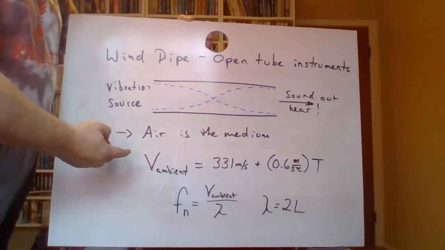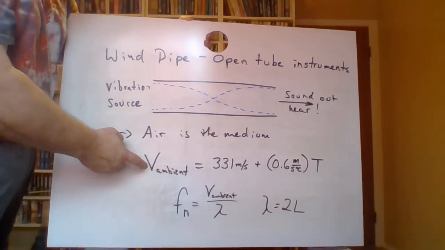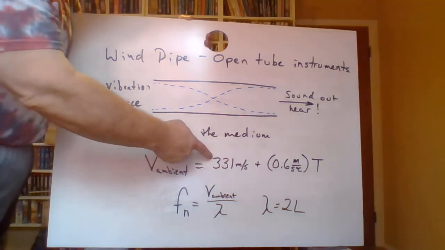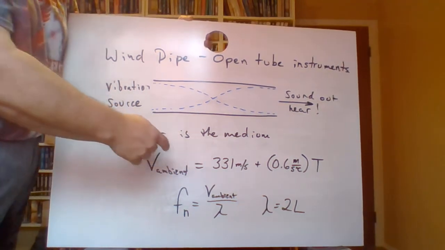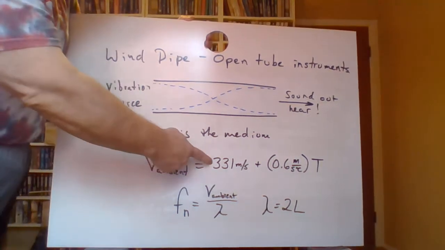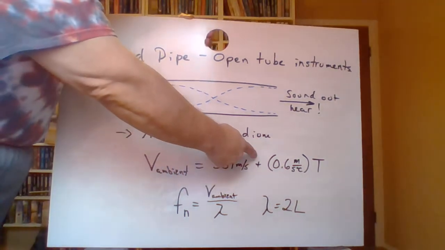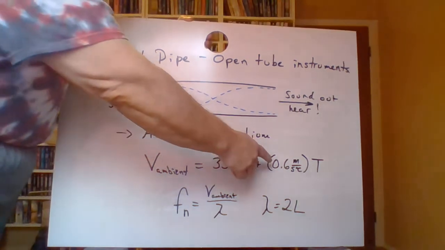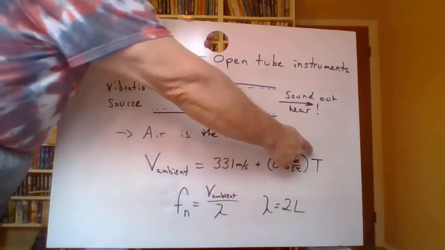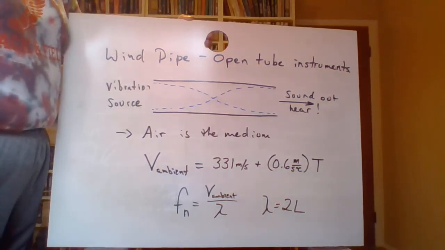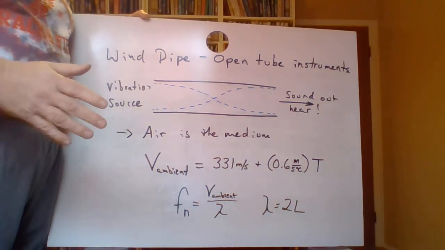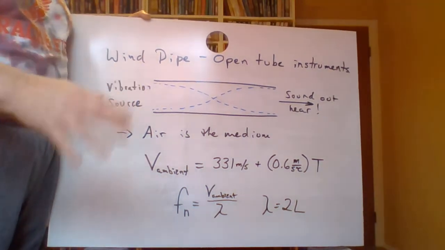So the ambient speed of sound is equal to 331 meters per second at 0 Celsius, plus this factor times the current air temperature. For most rooms, air temperature is 20 degrees Celsius, give or take a degree.